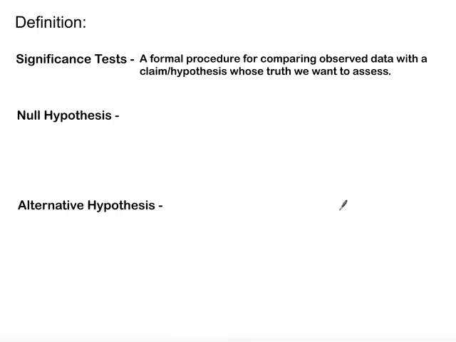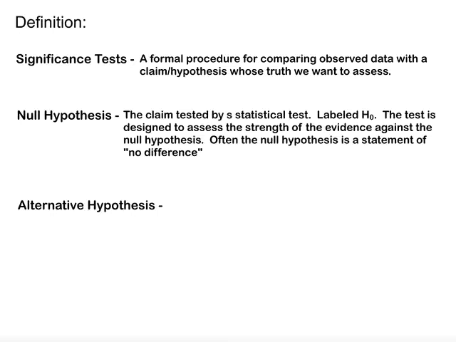of effect. So a null hypothesis goes right along with that, and so the claim tested by a statistical test is labeled H sub 0 or H0, and that means that the test is designed to assess the strength of the evidence against the null hypothesis, and often the null hypothesis is a statement of no difference.